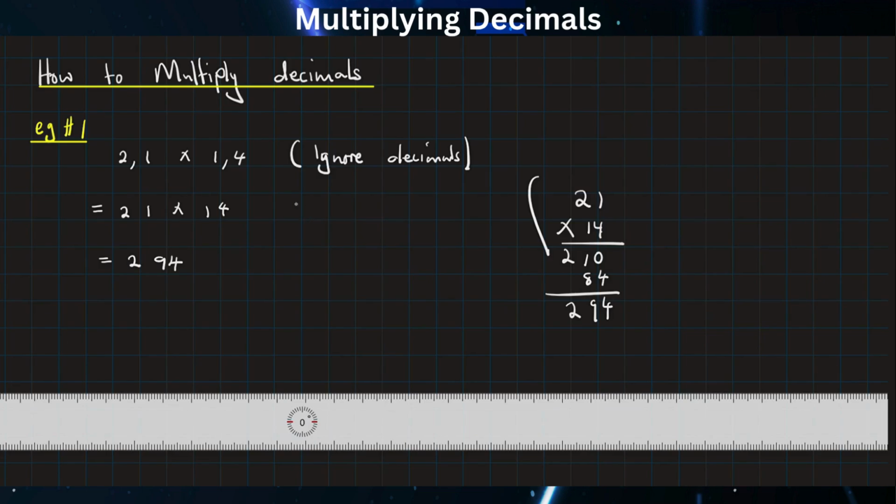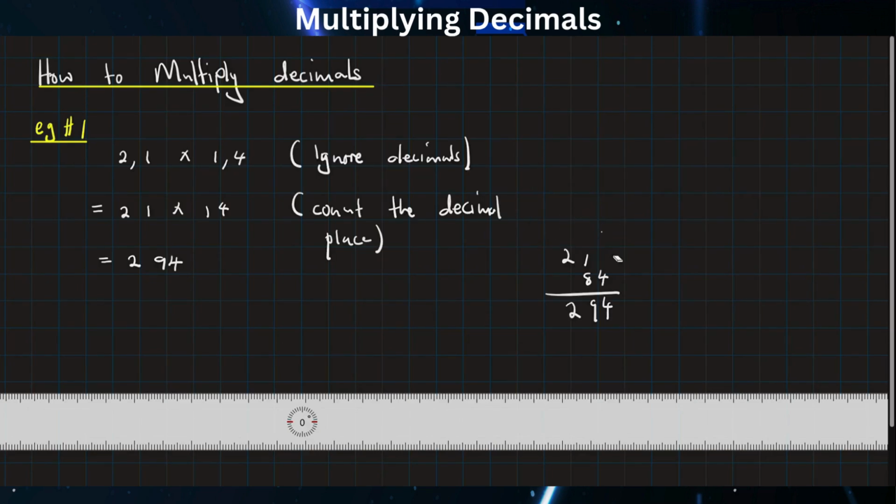We have to count the decimal places. To count the decimal place, we mean how many digits are there after the decimal in the original question.